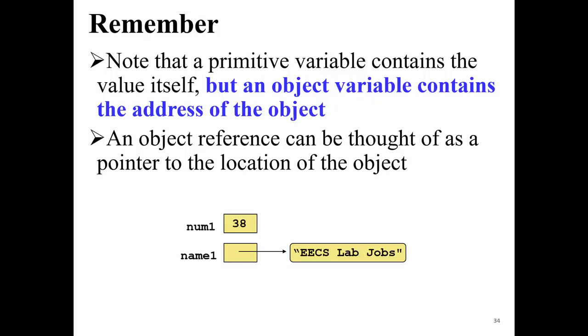But name1 is a string data type. We're not storing the string in name1. Name1 is a reference, containing the address where the string is actually created in memory. See the difference between the primitive data type and the reference data type.